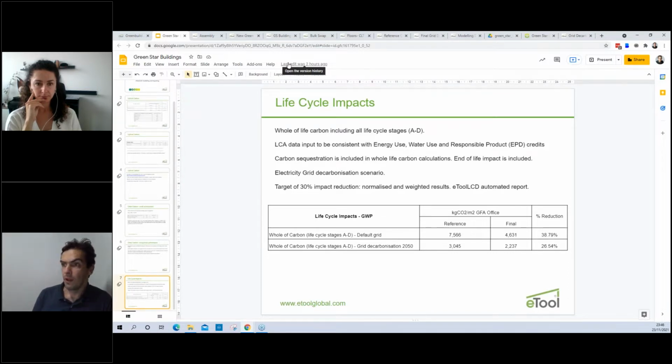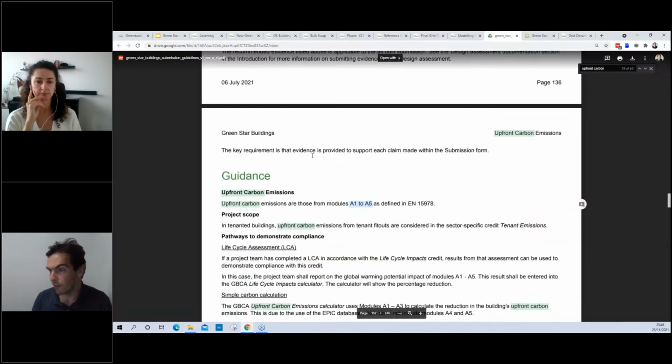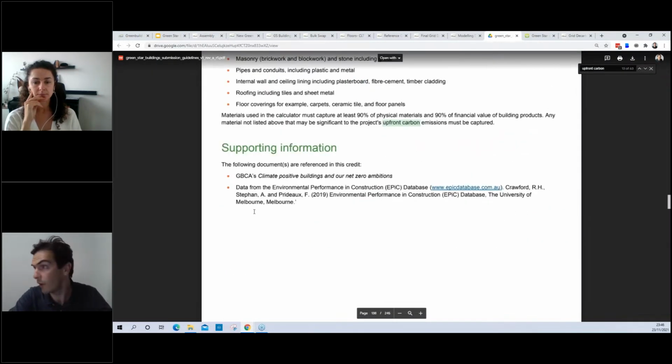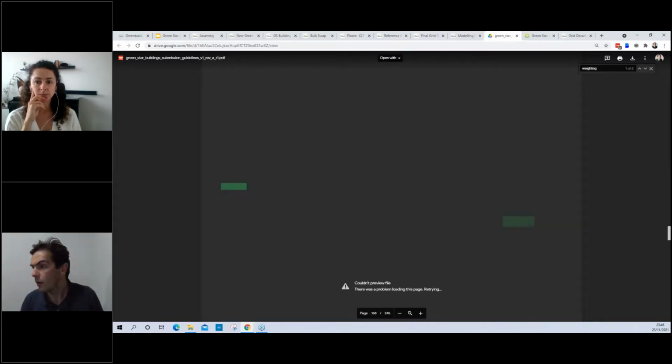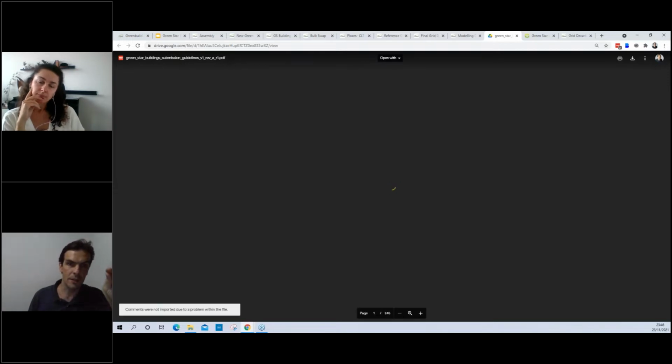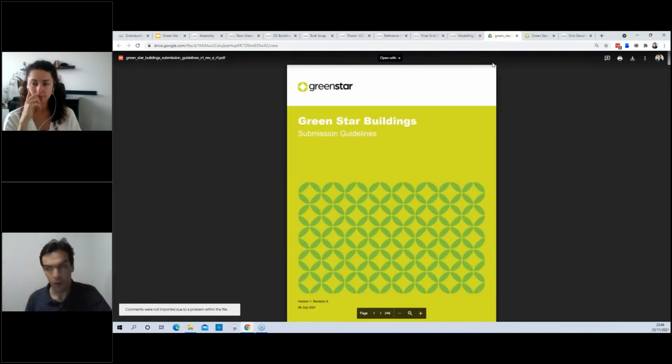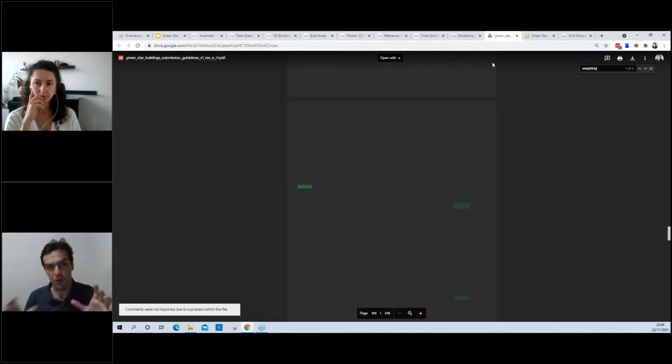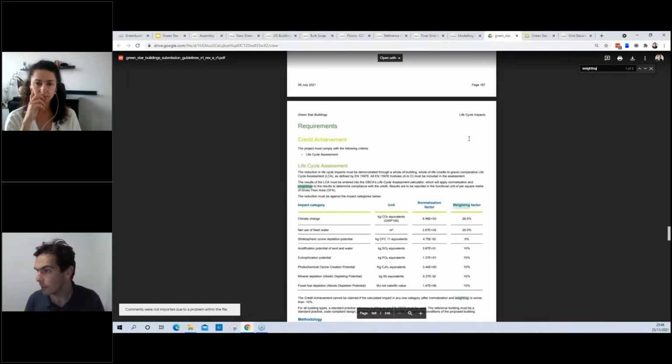You also have the normalization and weighting, and this is part of the, I'm just trying to find this quickly here. Oops, need to refresh this page. The normalization and weighting is set by Green Star to give emphasis on regional priorities.